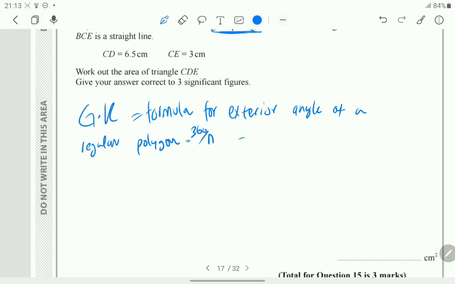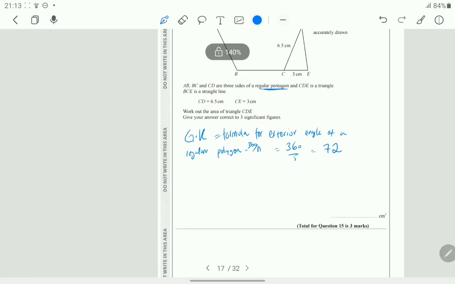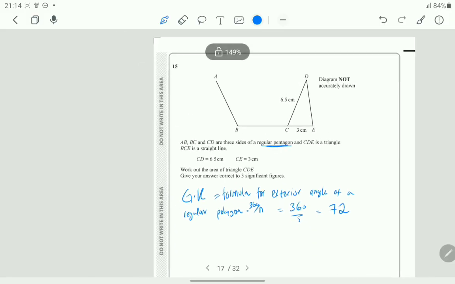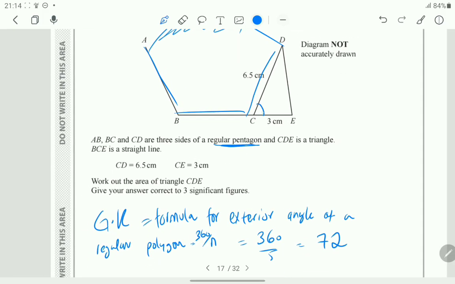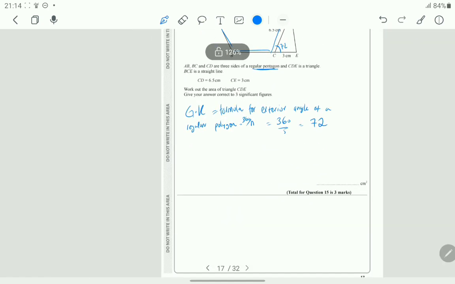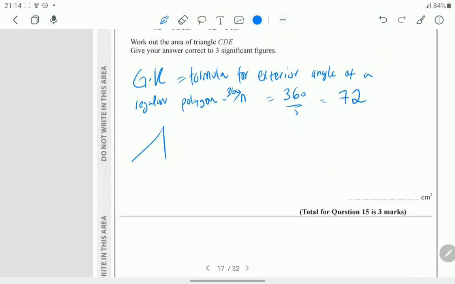So if we have a pentagon, then 360 divided by 5 would give us 72. Since this is forming a pentagon, the upper half is not relevant for us. So now that we have the exterior angle, this angle is 72 degrees. Let me just take it in full focus, and we have 72 degrees here.